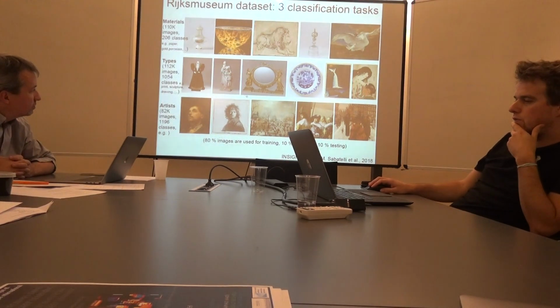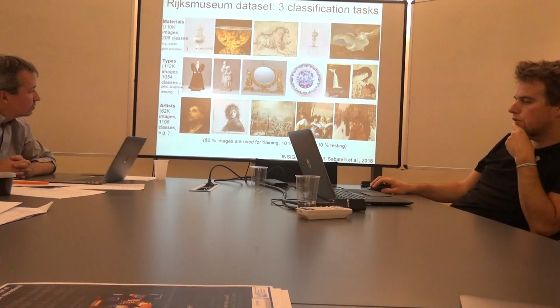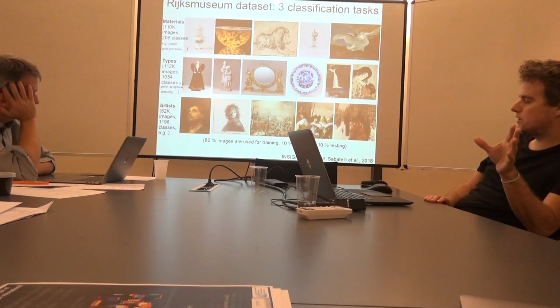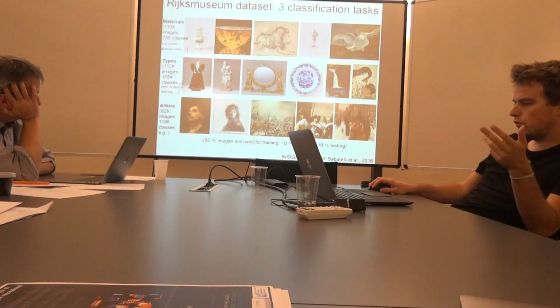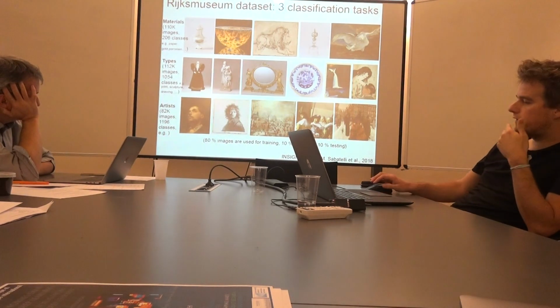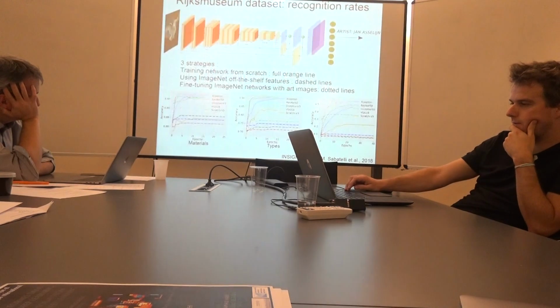To evaluate this method, what they did is to use some subset of the images to train and fine-tune the models, and then to test them in an independent way to assess the performance of these models.